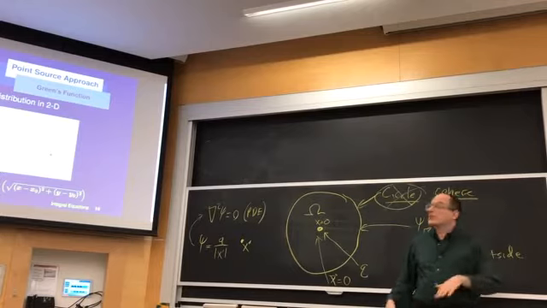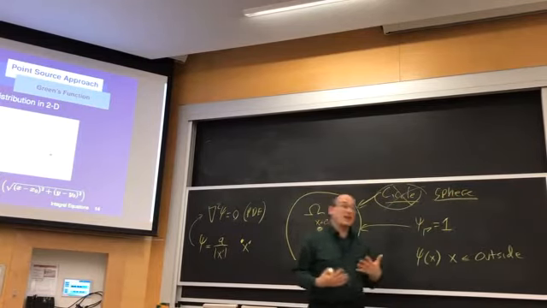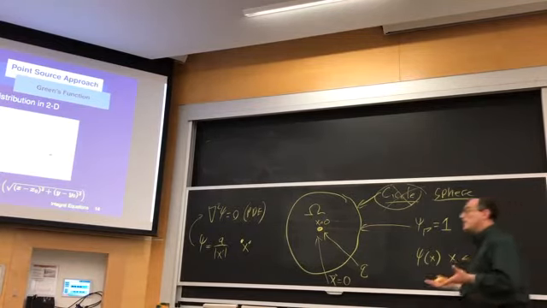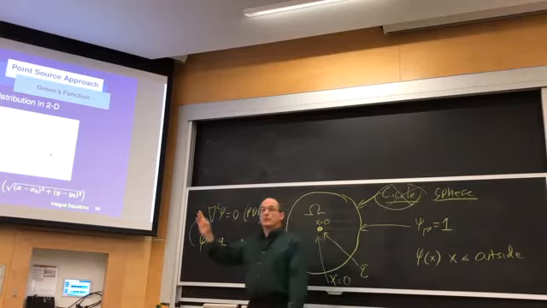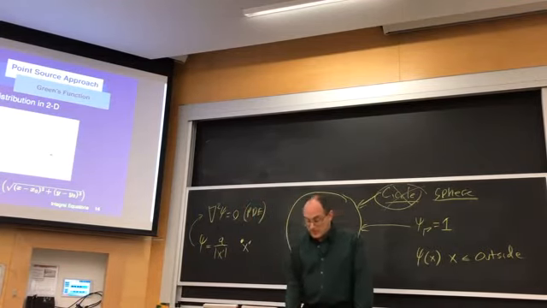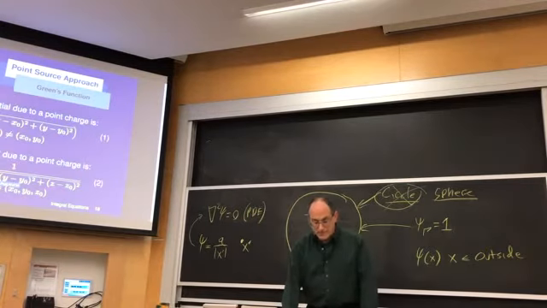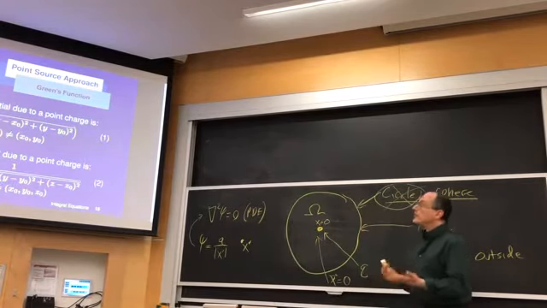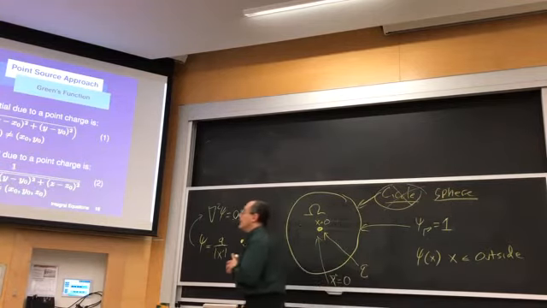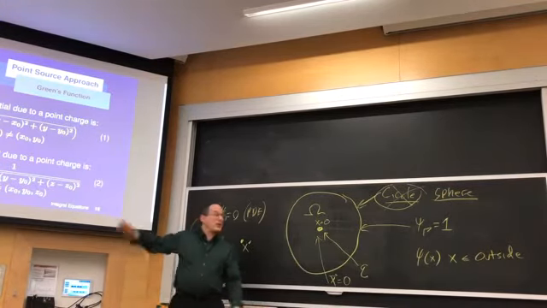In 2D, it's the log of distance, which has a lot of counterintuitive properties. I don't usually use that in examples, but you should have in mind that the potential due to a point charge in 2D is the log of the distance between the point charge and the place you're measuring it.